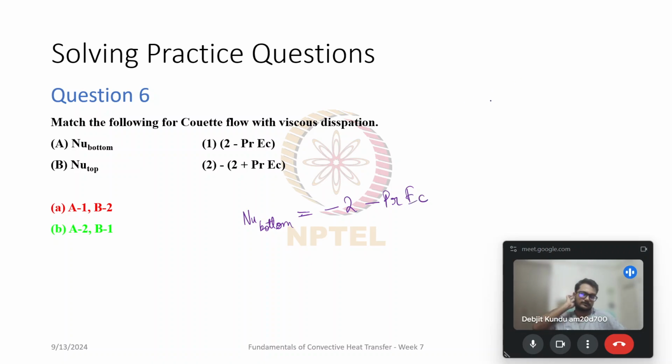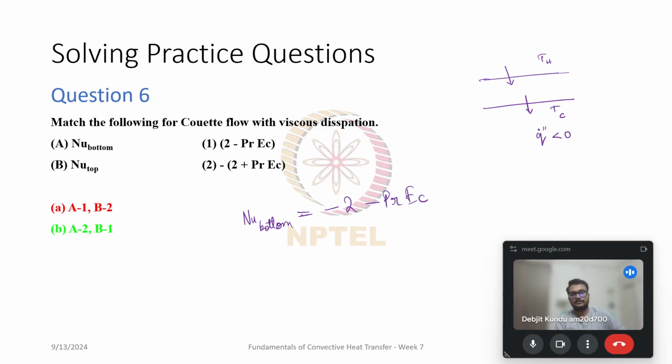Sorry, I said it wrong. If you look at it this way, the top is hotter and the bottom is cooler, so heat usually flows from the fluid into the bottom wall. That's why the heat flux over there is negative, is less than 0, and is given by minus 2 minus Prandtl number into Eckert number.